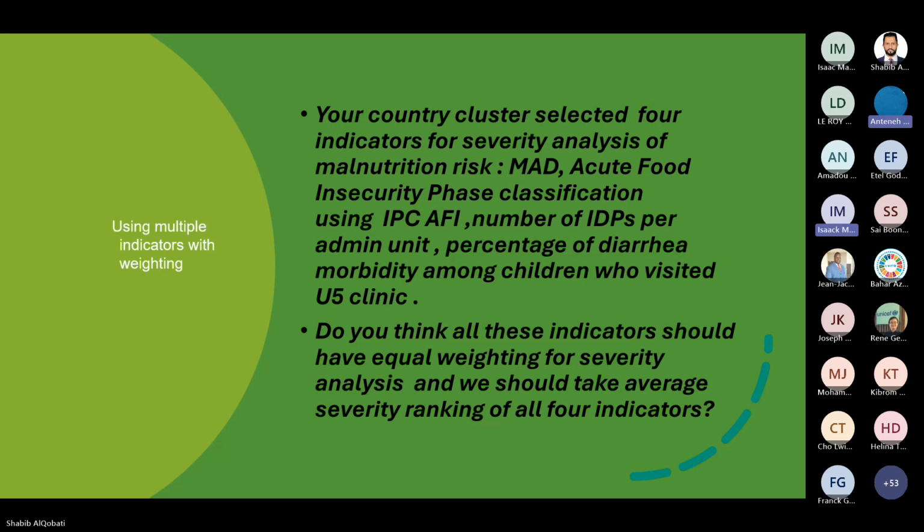In your case, you have GAM data of reasonable quality, and you think you should give more weighting to GAM. Exactly, because it's also the main nutrition issue, the severity is about nutrition. So we want that nutrition situation to come up a bit stronger than the others. Thank you. I agree. Thank you.